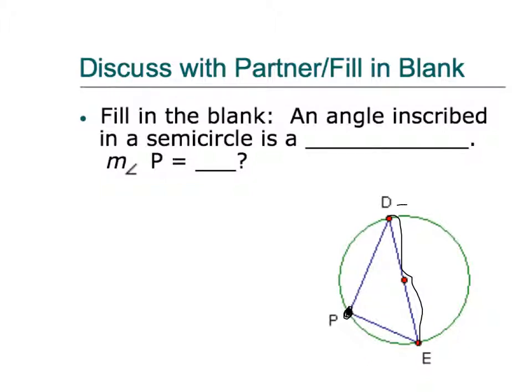Well, since DE is a diameter, I know that arc DE must be 180 degrees. And since 180 degrees is the arc that's intercepted by angle P, angle P must be 90 degrees. So basically, an angle inscribed in a semicircle is a right angle, and I know its measure is 90 degrees. That'll come in handy.